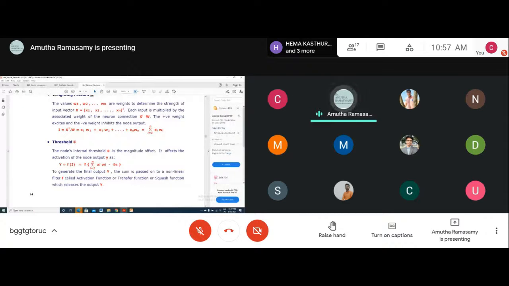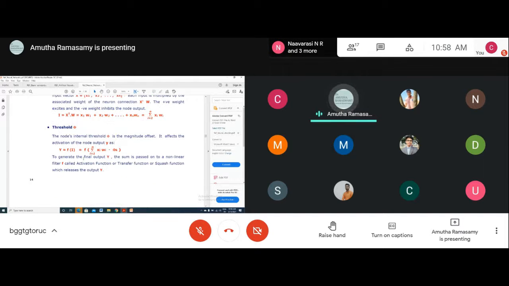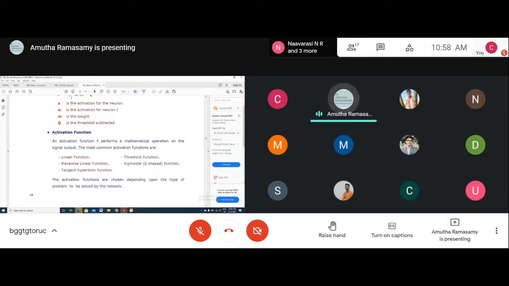But even then, the threshold is going to vary. The threshold also you can keep varying, but it is not necessary that for every weight it should vary. For one set of samples you can keep one threshold; for another set of samples you can give a different one. But the weights will be varying for every adjustment, as well as your activation function.